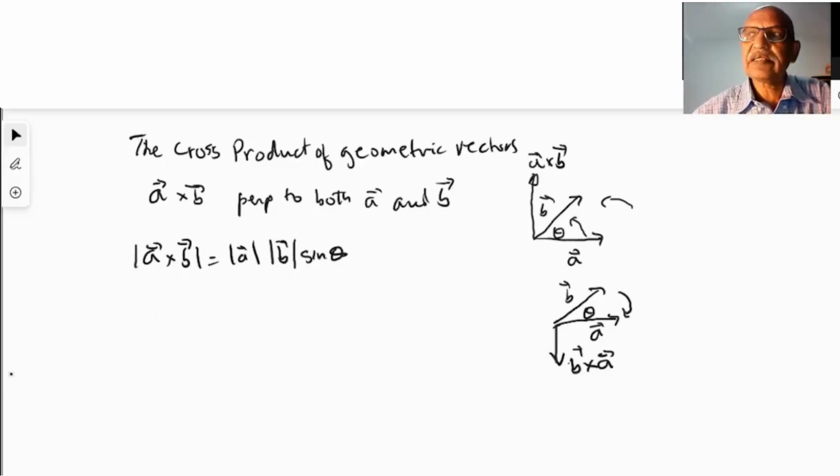So let's see, a typical application for cross product would be torque. Torque is always a turning effect. What's the turning effect?